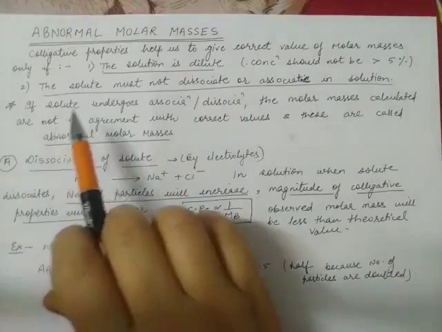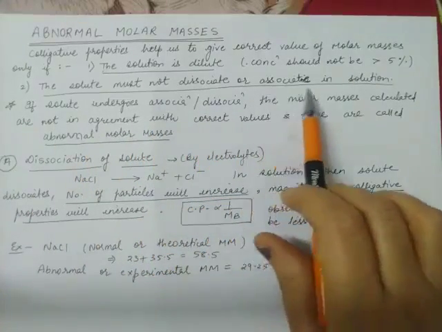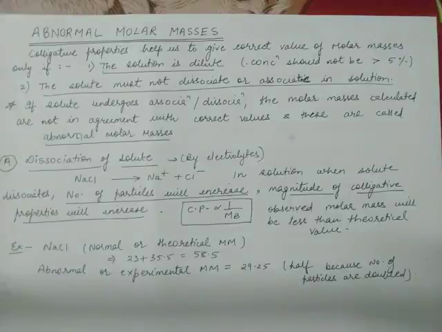The solute must not dissociate or associate in the solution. So molar mass calculated from the colligative property is correct only when the solution is dilute and there is no association or dissociation of solute in the solution. Now, what is the meaning of association or dissociation? That we'll discuss further in this topic.